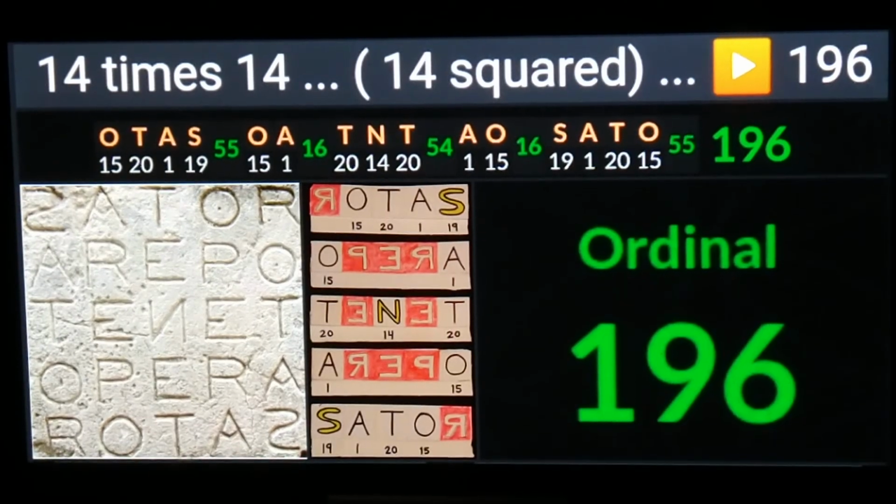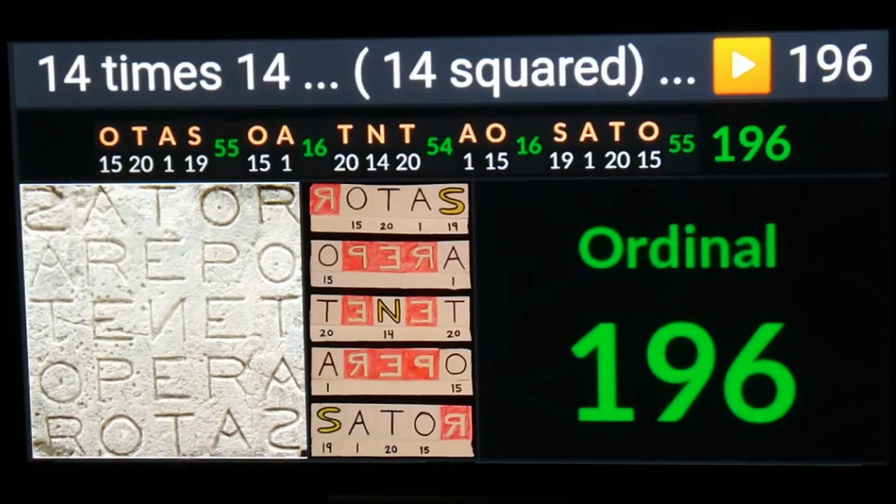Here's where it gets a bit tricky for some. If we're going to use that reflected square, see all those letters that are surrounded by pink? If you type the letter backwards, the R backwards, for instance, R in rotas, R backwards doesn't have a value, at least in gematria calculators I've seen. But the rest of the word, rotas, O-T-A-S, well, O is the 15th letter, T is the 20th, A is the 1st, S is the 19th, and then opera.